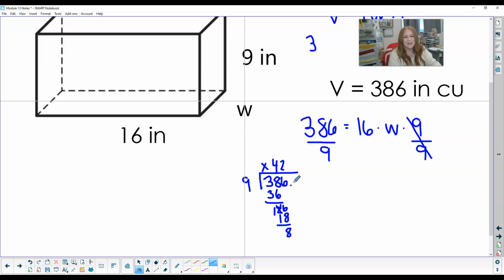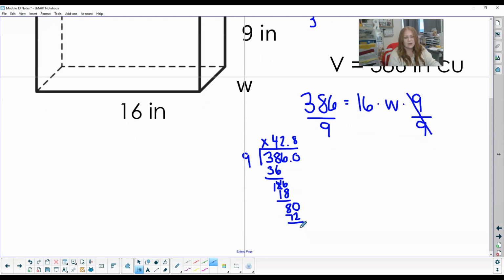And we're going to add that 0 in there. 9's too big, 8 times is 72, and we've got an 8 here. Looks like we're going to keep getting 8, 8, 8 forever. So we're going to call it 42.88.